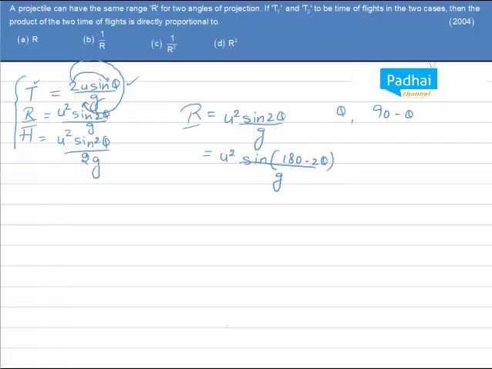Sine 180 minus 2 theta is what? Sine 2 theta. That means u square sine 2 theta over g, so it comes out to be the same. That means the range is the same for two values of angles, theta and 90 minus theta.